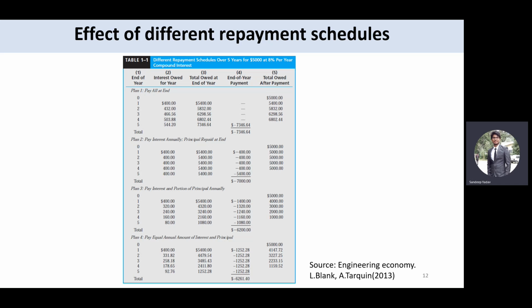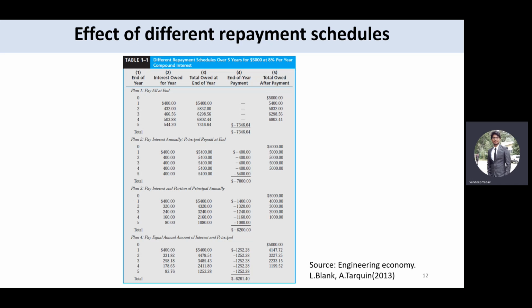Both plan 3 and plan 4 are quite similar, but in plan 3 you have the liberty to choose how much to pay, while this one tells us you have to pay an equal amount. In this, all the interest is calculated initially, and the final amount you have to pay is $6,262. So these two give almost the same result; the only difference is the liberty you have.